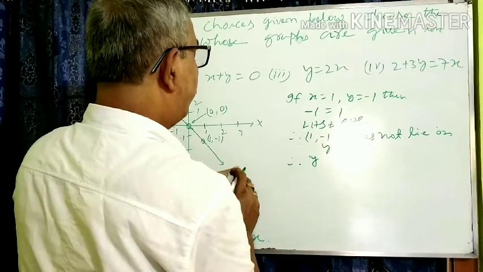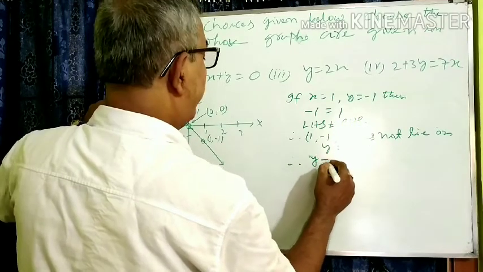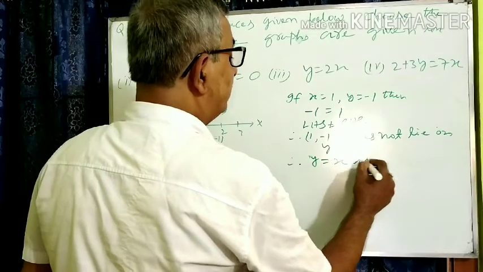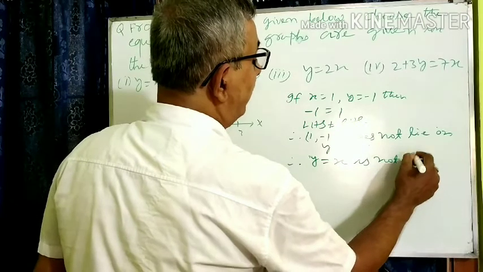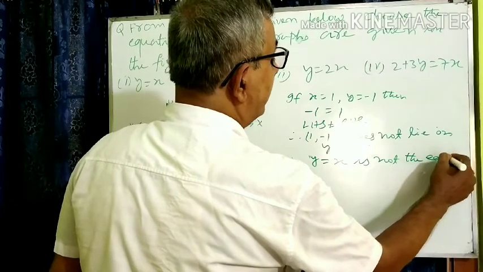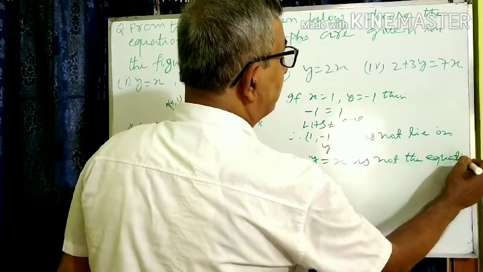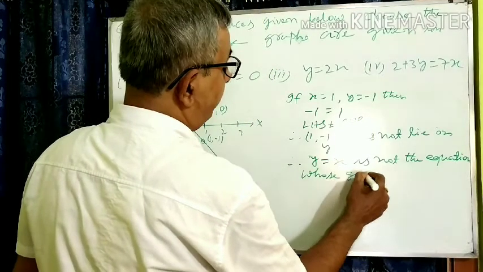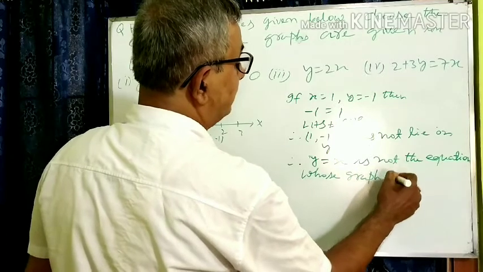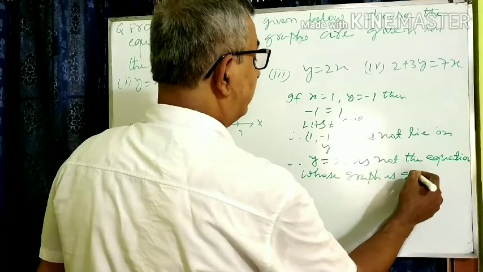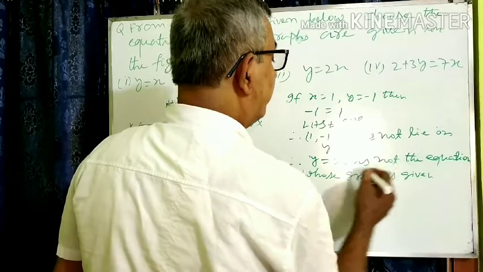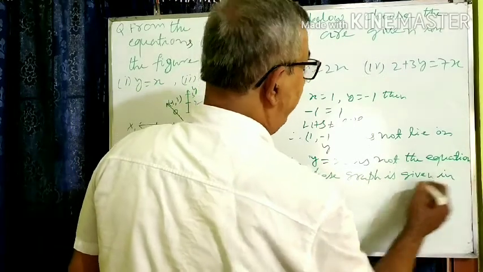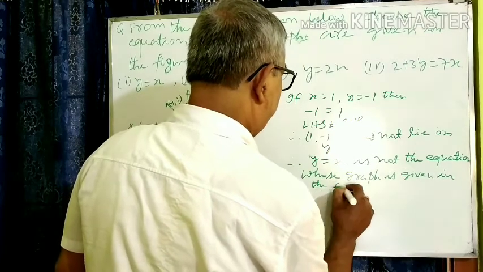Therefore, y is equal to x is not the equation whose graph is given in the figure.